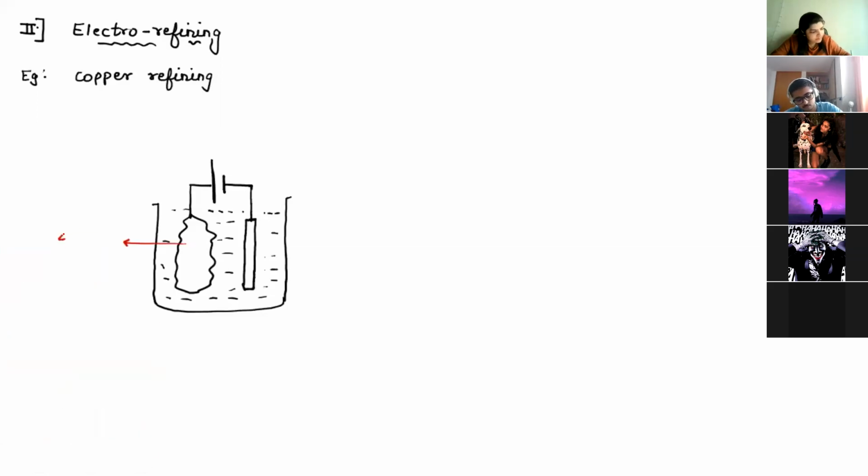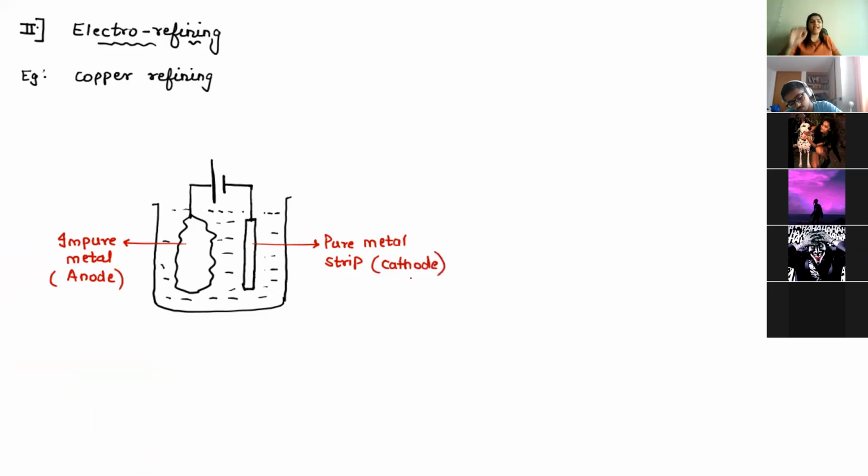So the impure metal will be anode, and the pure metal strip will be cathode.